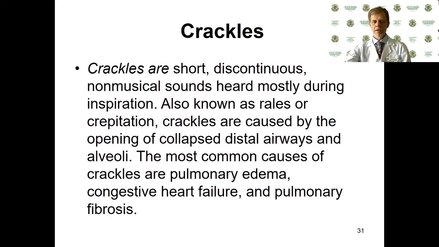So, okay, let's talk about the mechanism. When can we find moist rales and dry rales, or moist rales, crackles? In case of inflammation, in case of bronchitis, in case of pneumonia, actually, we have production of mucus. We have production of sputum. And this sputum actually fills alveoli, fills bronchi, fills these tubes.